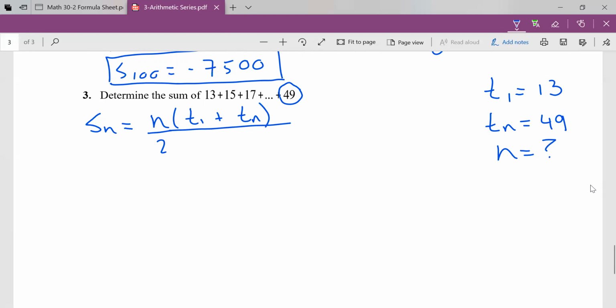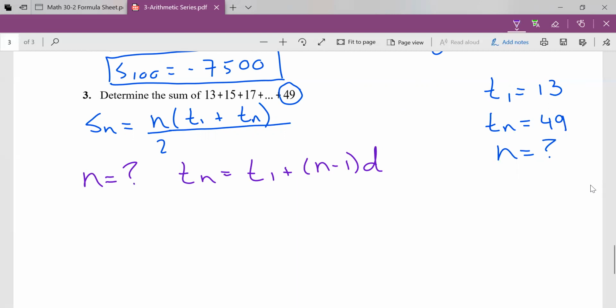So what am I going to do? Well, to find n, we're going to revert back for a second to our formula for arithmetic sequences, which is this. Sometimes we have to go back to sequences for a minute because this really is a sequence, and then sub in the values to find n.